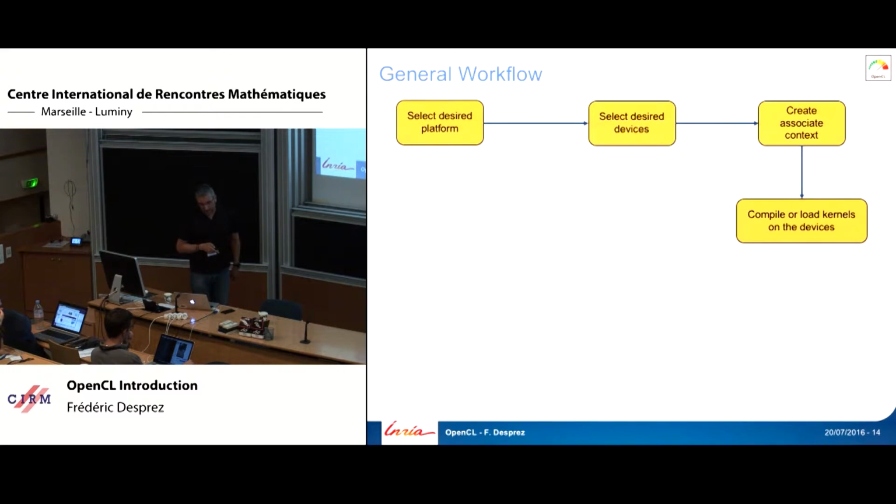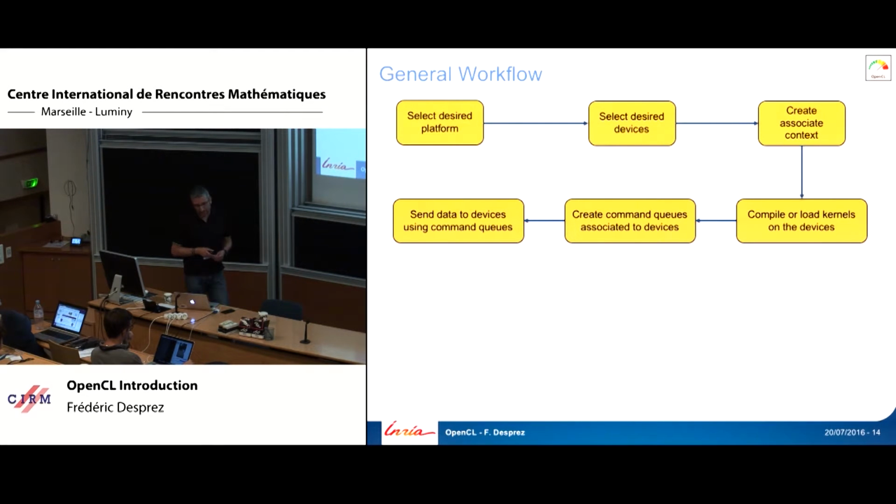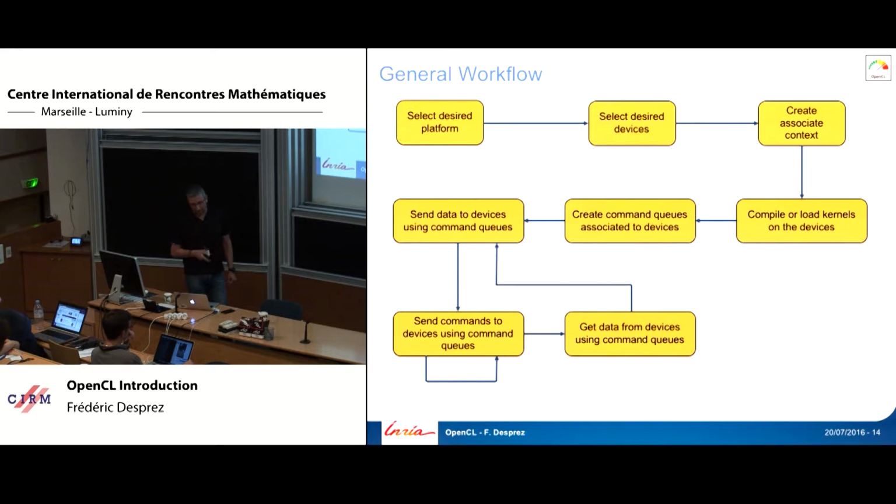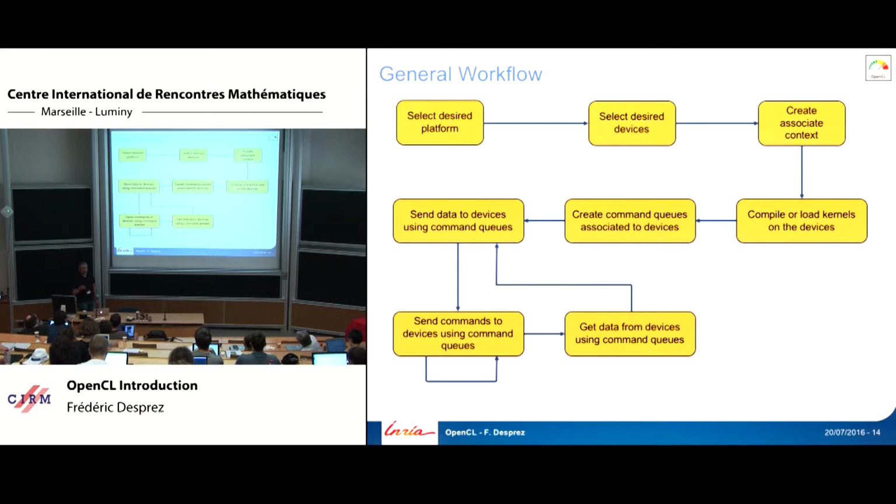These kernels are sent to the devices. You create command queues between hosts and devices. You send data to the devices using these command queues, and you send commands to the device using command queues, which can be a loop inside these devices. Then you get data from devices, again using command queues back to the host, and you can have a loop like this by having different kernels executing with synchronization points between all these kernels.